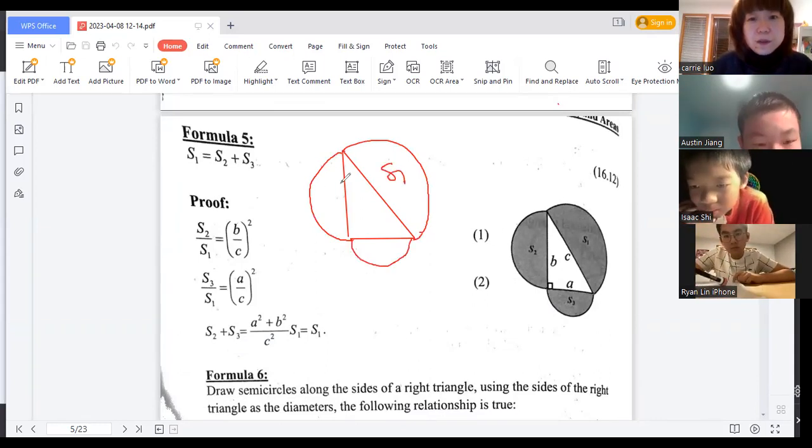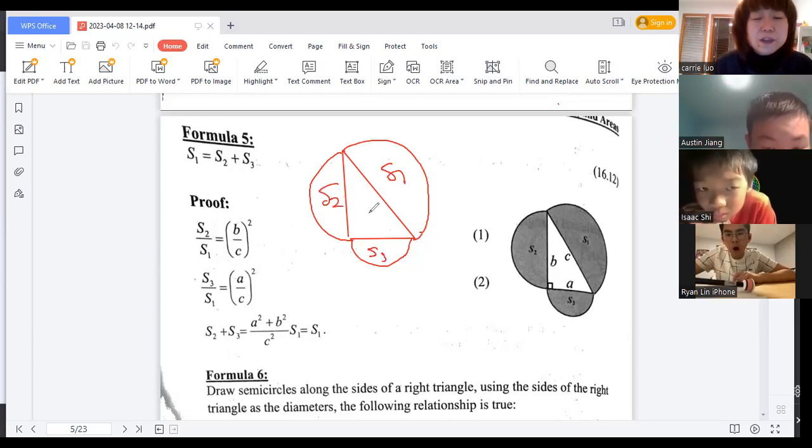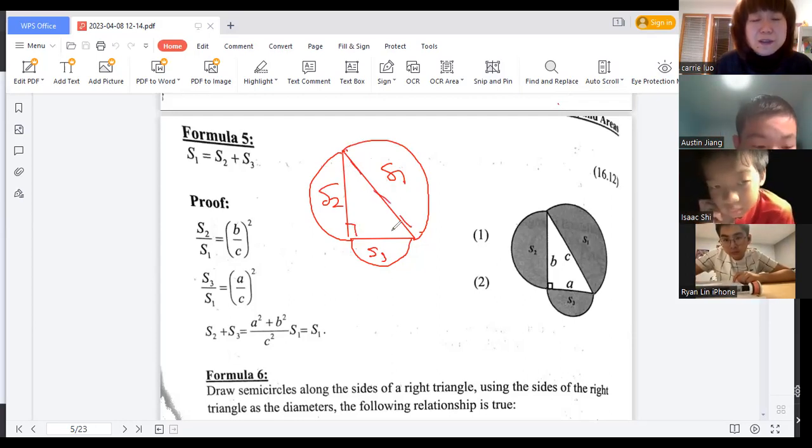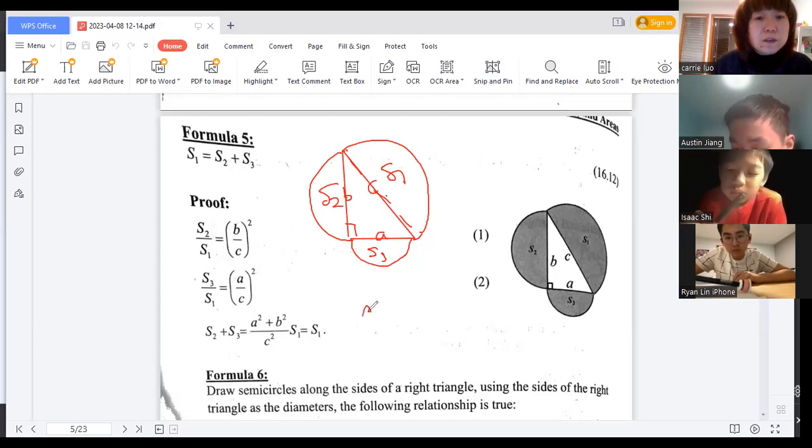So this is S1, this is S2, this is S3. They have a relationship because their diameters are the 3 sides of a right triangle. This is A, this is B, this is C. Because of the Pythagorean theorem, A squared plus B squared equals C squared.